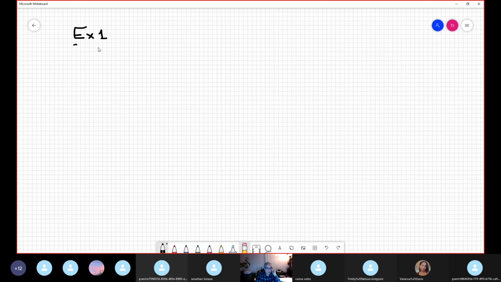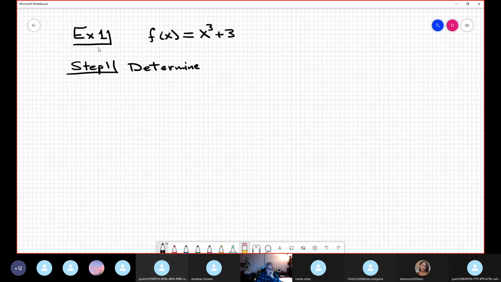So example 1, one function is given, f of x equals x cubed plus 3. Okay. So step 1 is determine if my function is one-to-one or not.